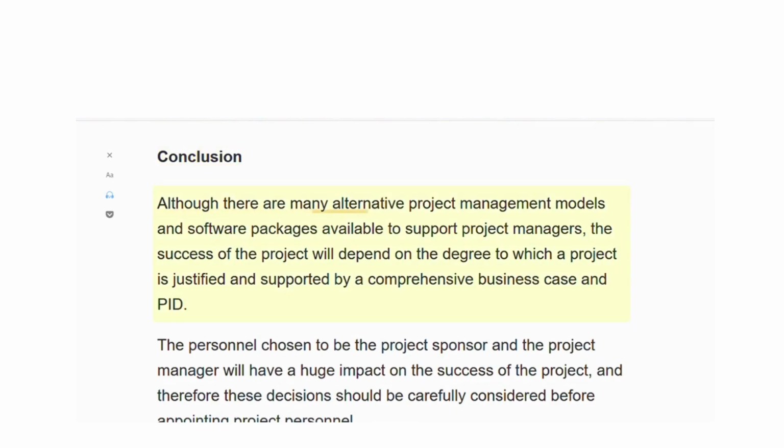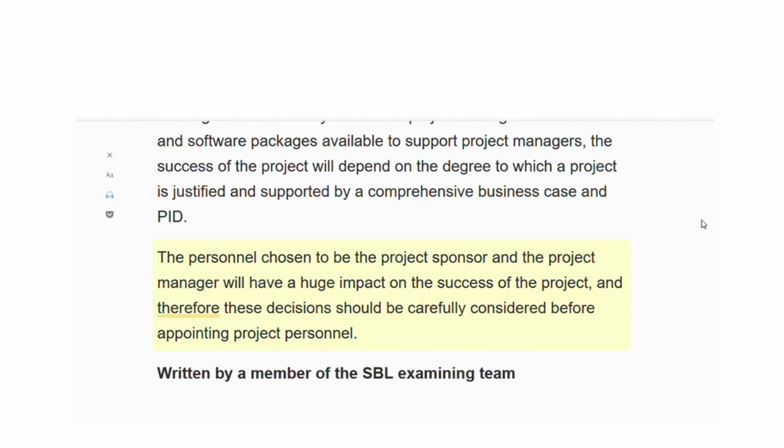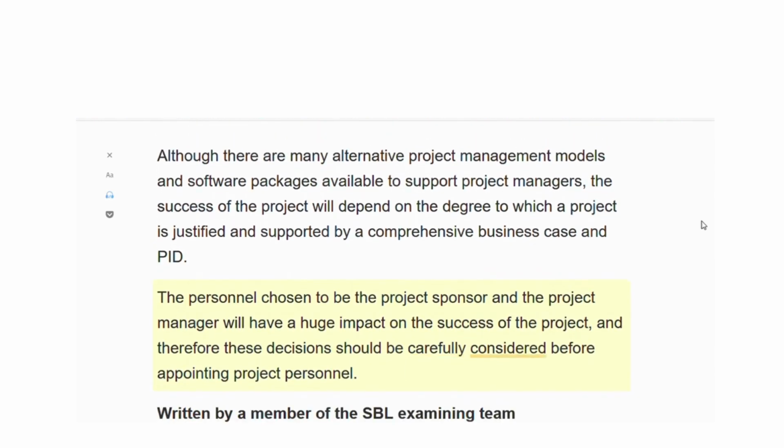Although there are many alternative project management models and software packages available to support project managers, the success of the project will depend on the degree to which a project is justified and supported by a comprehensive business case and PID. The personnel chosen to be the project sponsor and the project manager will have a huge impact on the success of the project, and therefore these decisions should be carefully considered before appointing project personnel.